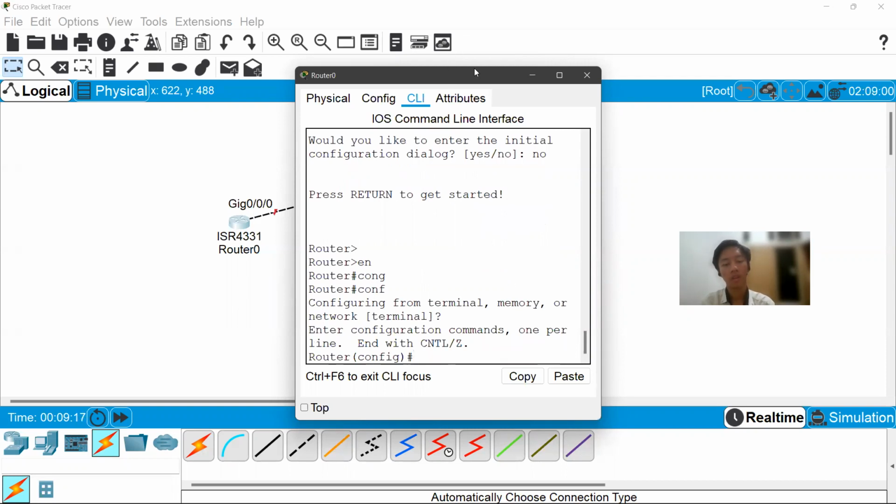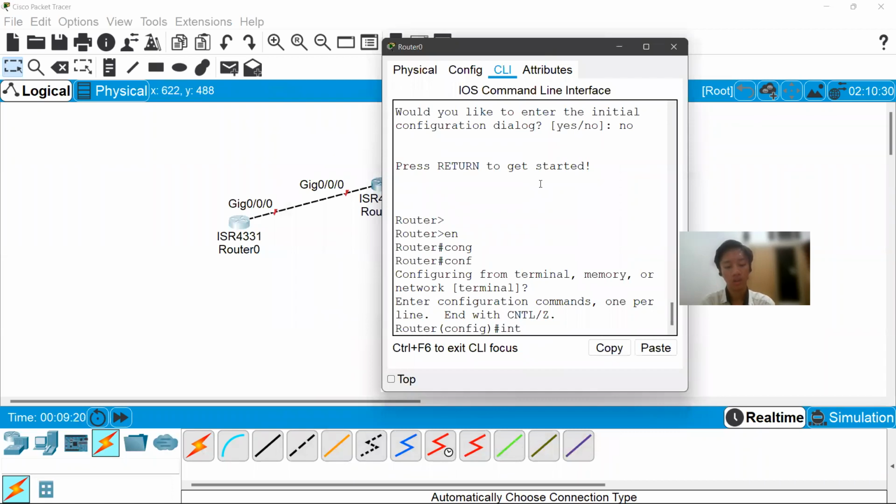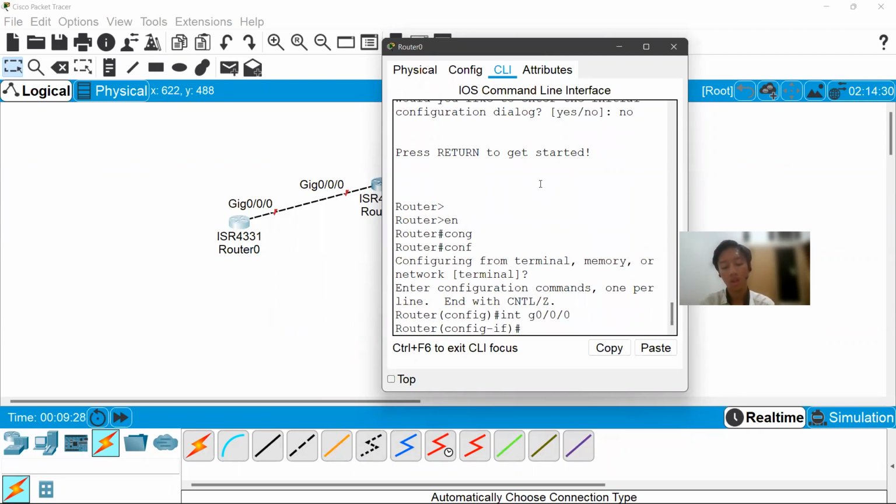You enter the interface G0/0/0, and the configuration to turn on the interface is no shutdown.